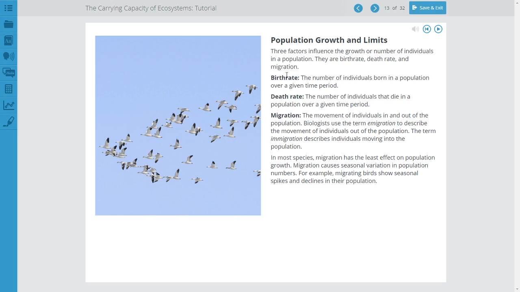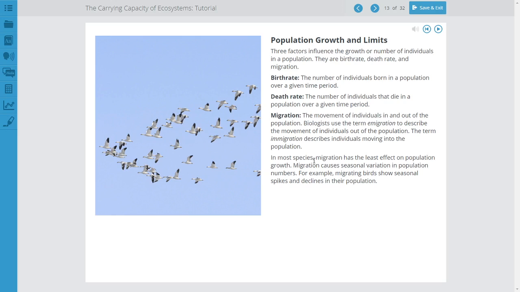But these are the things that mostly affect the size of any given population. How many organisms are being born, how many organisms are dying, how many organisms are coming in or going out due to migration. In most cases, migration has the least effect on a population, because populations do tend to stick together. But sometimes it happens.